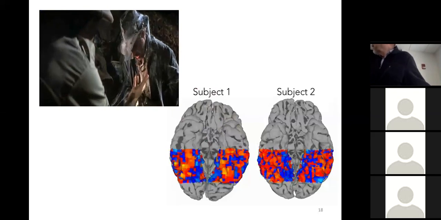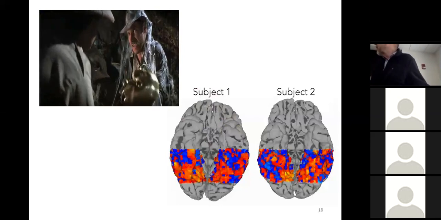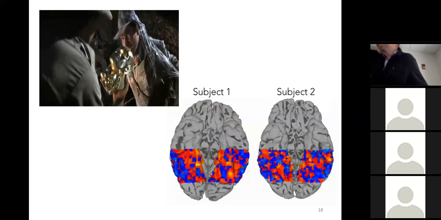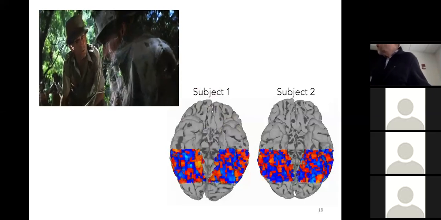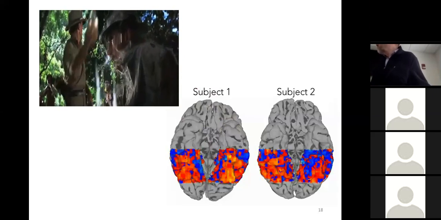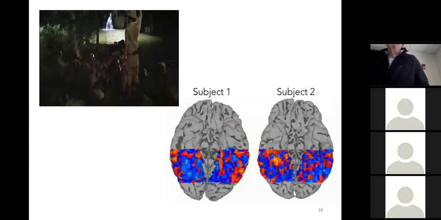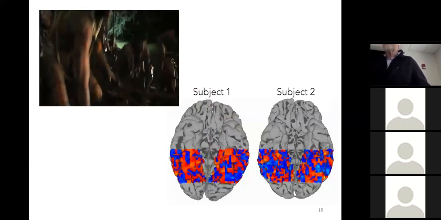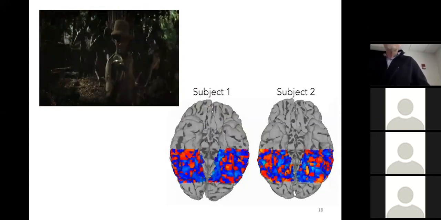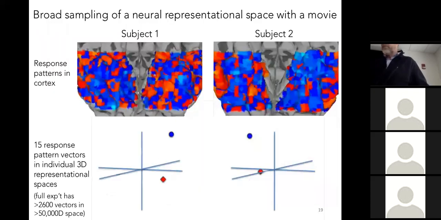These are the patterns of response in two subjects, restricted just to ventral temporal cortex, and they're synchronized. Whatever you see over here is at the same point in time in the movie as whatever you see over here. You can see this isn't a trivial problem, these patterns don't look a lot like these patterns, but we assume that they're representing the same information. So it works like this.